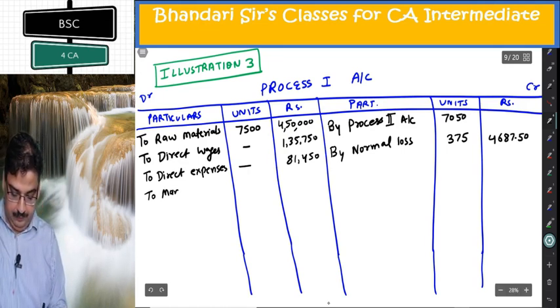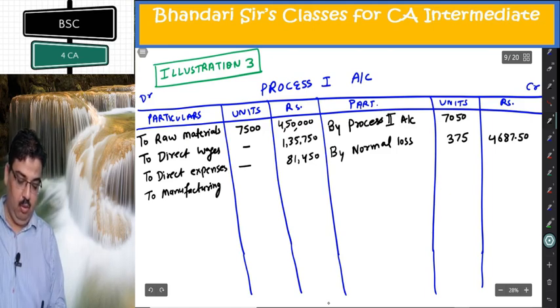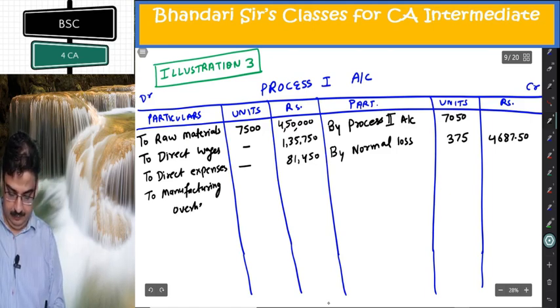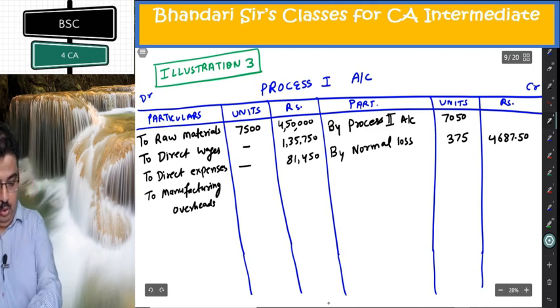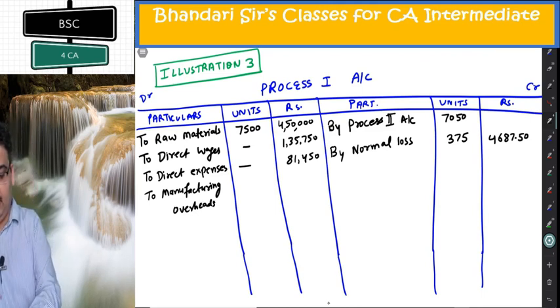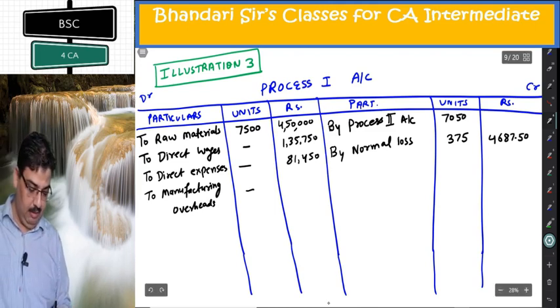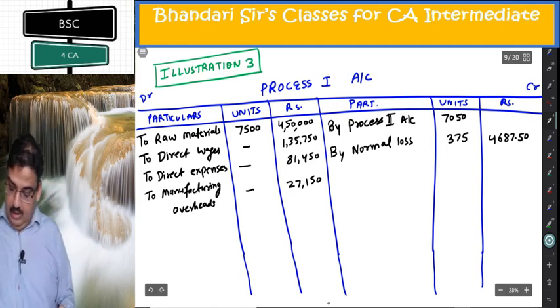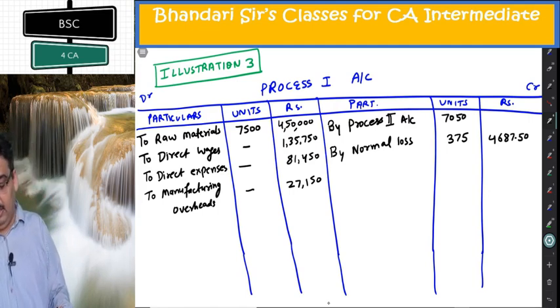To manufacturing overheads, 20% of direct wages. 135,750 into 20%, 27,150. Realizable value I have already considered.